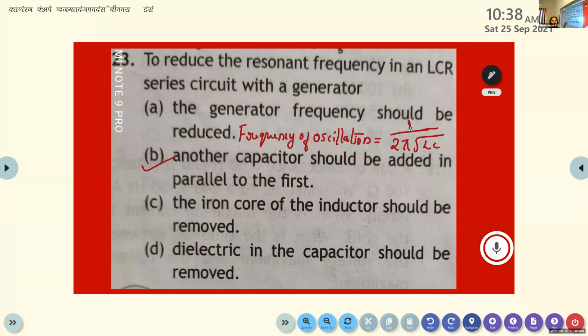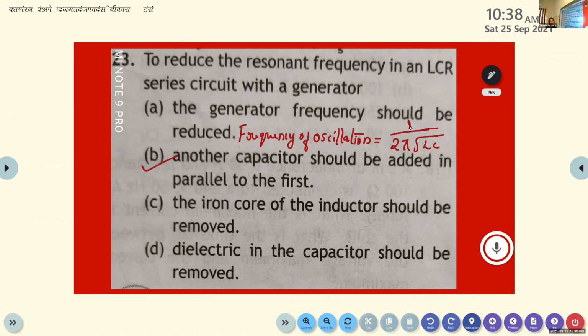If the capacitance increases, the resonant frequency value reduces. Similarly, if the inductance value of the inductor increases, again the frequency of oscillation, that is the resonant frequency, reduces. So here we have option B. If we add another capacitor to the circuit parallel to the first, what happens? The capacitor value automatically increases.